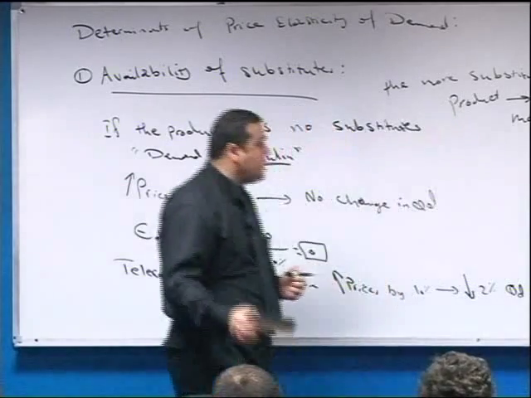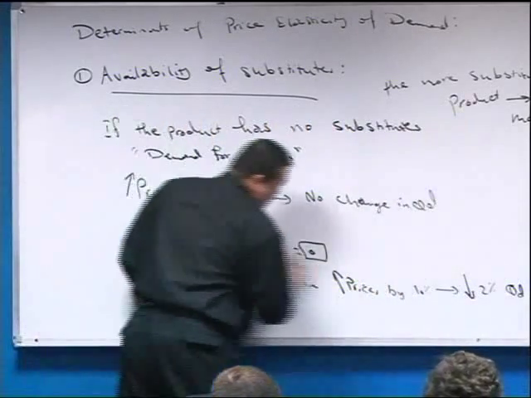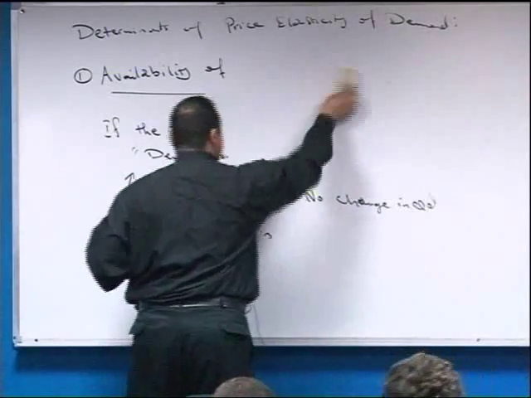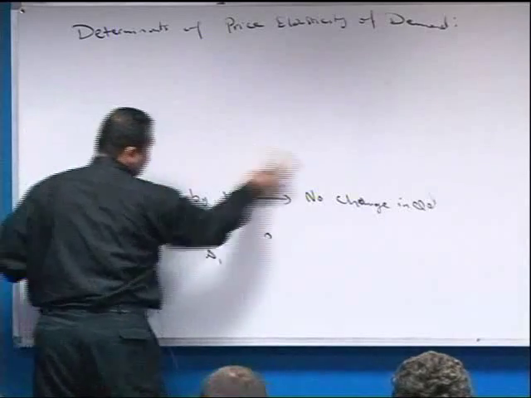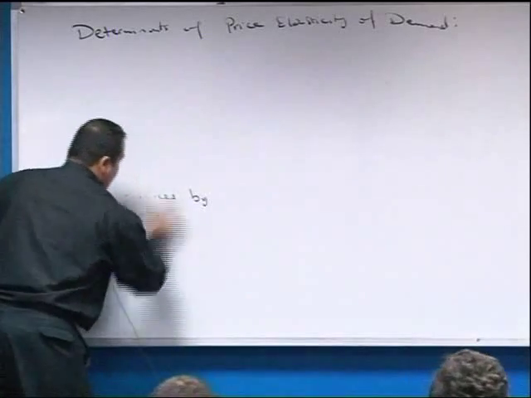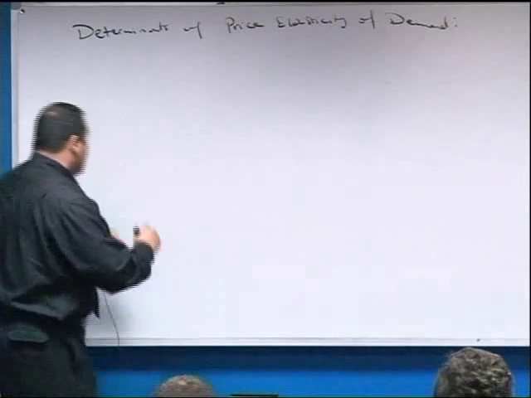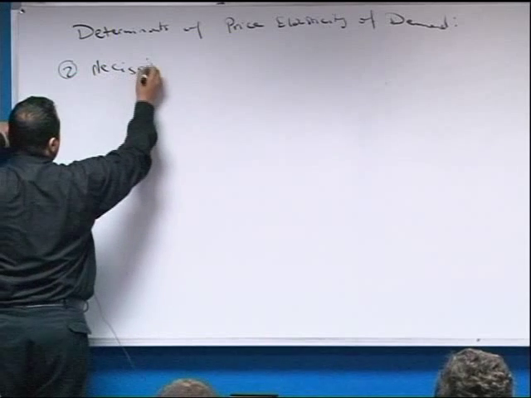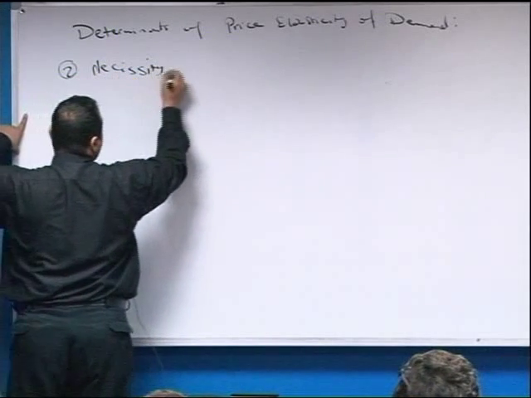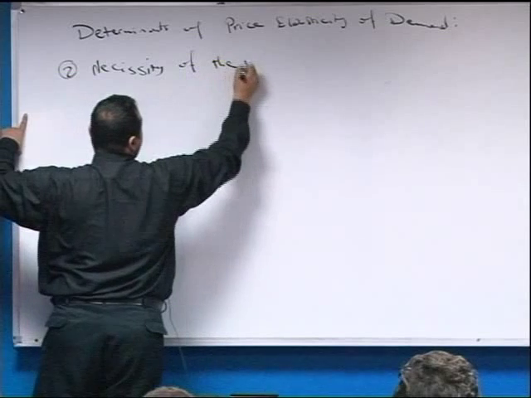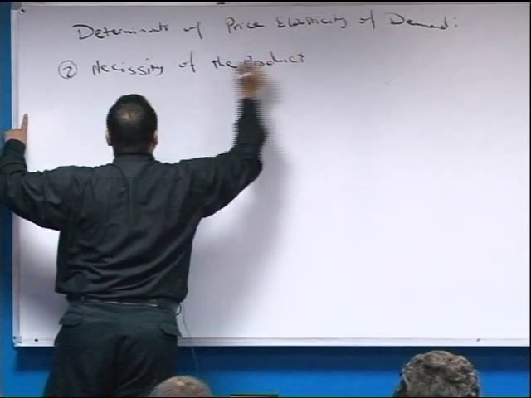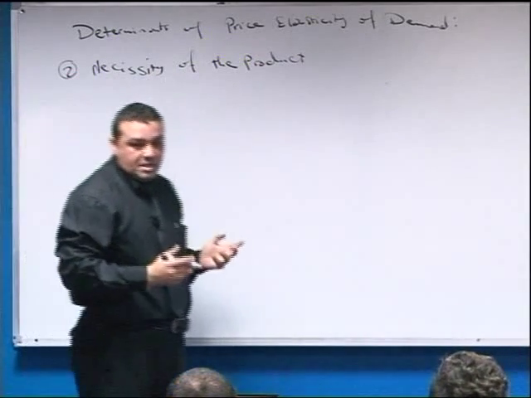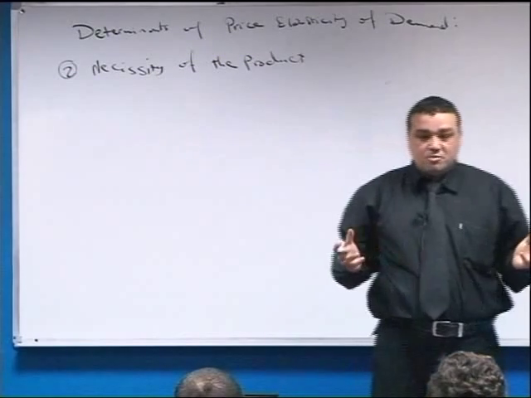What about the second determinant of the price elasticity of demand? Yes, the necessity of the product. Thank you, Ahmed. The necessity of the product: is the product necessary or important for the consumer?